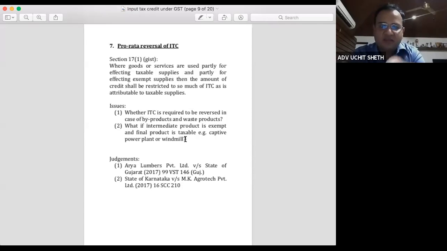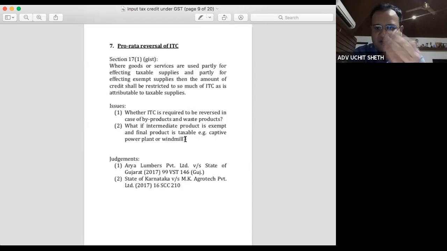According to me, if you read the provision, it says where goods or services are used partly for effecting taxable supplies and partly for effecting exempt supplies. So the determining factor is that it should be used for effecting a taxable supply and effecting an exempt supply.